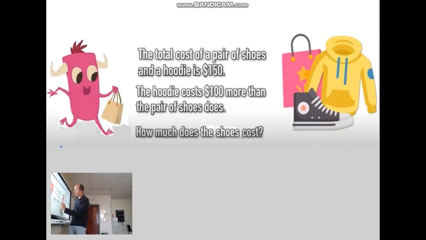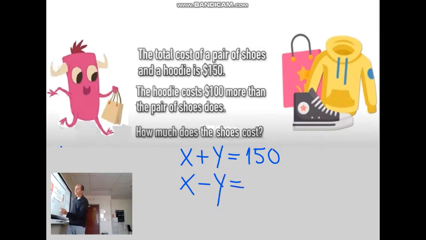To find out, you're gonna write down a very simple system of linear equations. The price of the hoodie plus the price of the shoe is $150. The price of the hoodie minus the price of the shoe is 100.